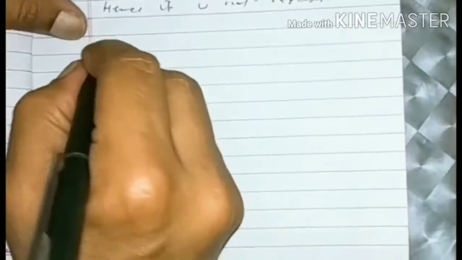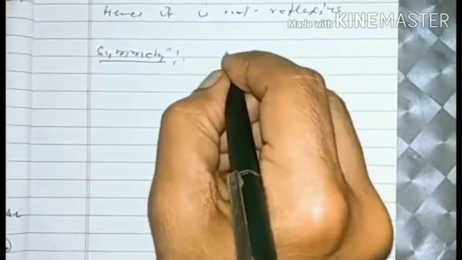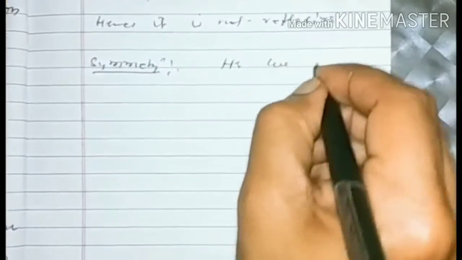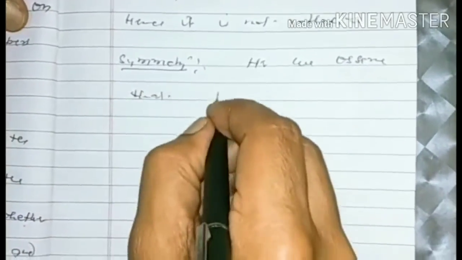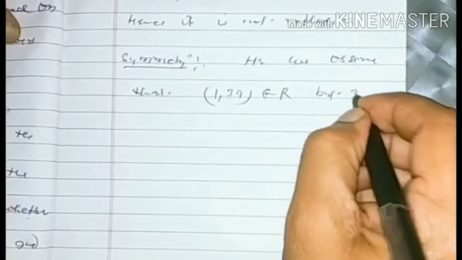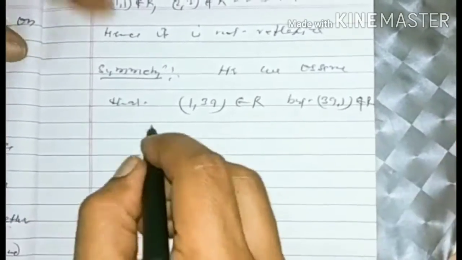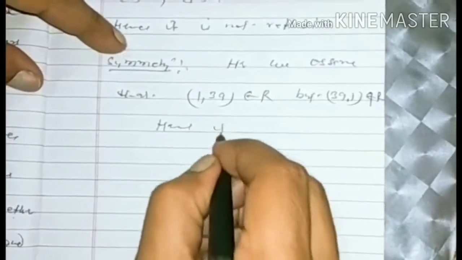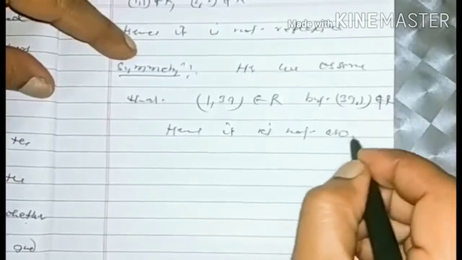Next, symmetry. We observe that the ordered pair (1, 39) belongs to R, but (39, 1) does not belong to R. Hence it is also not symmetric.